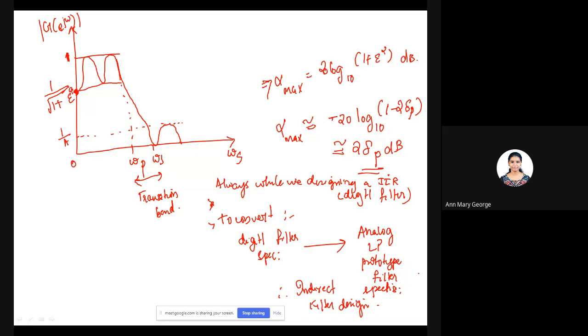Next, you have to study the filter specification and the problems based on the order of the filter.